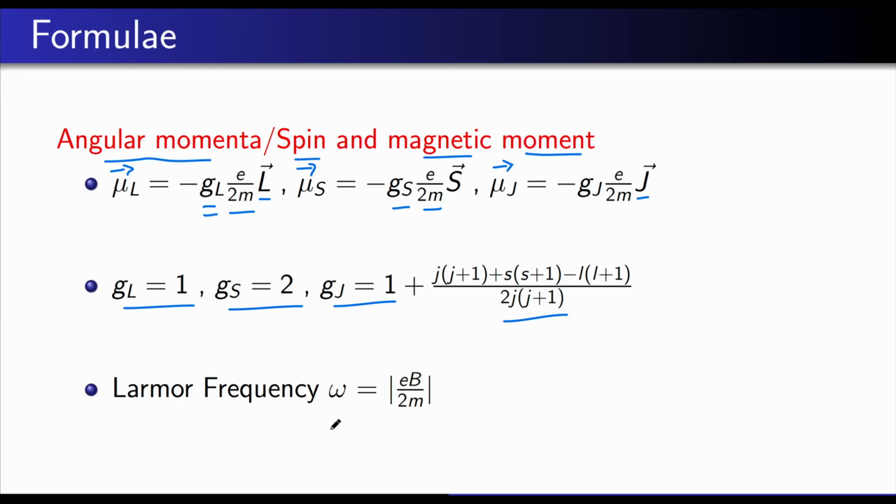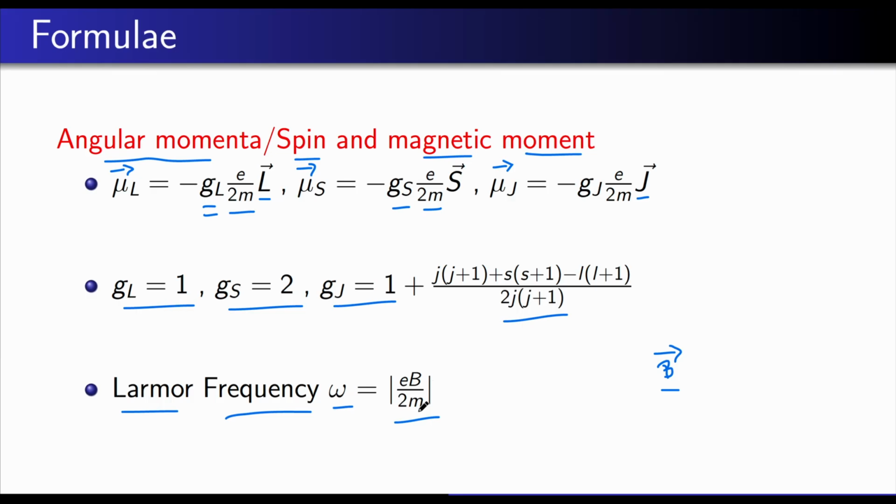And if we introduce a magnetic field B in the system, then the orbital angular momentum precesses about the magnetic field B with a frequency called the Larmor frequency, and that is omega equal to eB by twice m. e is the electronic charge, B is the magnetic field, and m is the mass of the electron.